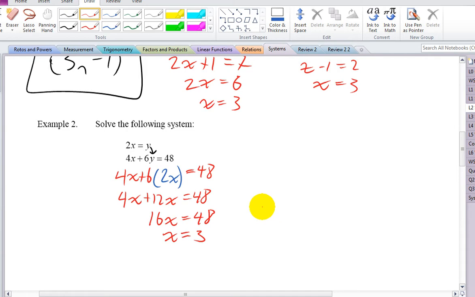Now, looking ahead, which equation is the simplest one to find your y value with? The top one, so use it. Unless I'm telling you to use the harder equation, use a simple one. 2x equals y, so 2 times, in brackets, 3 equals y, so 6 equals y.